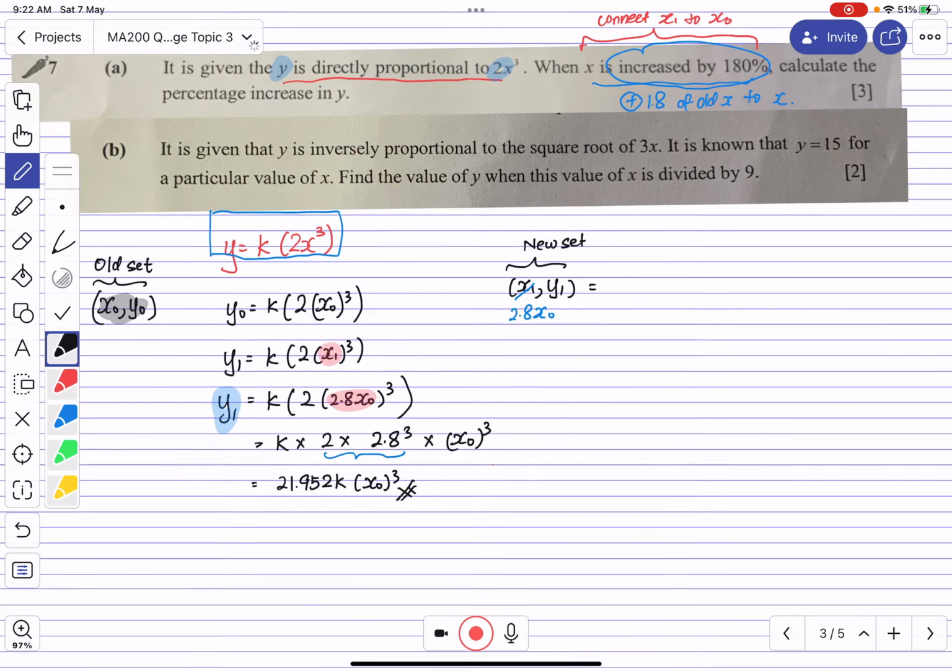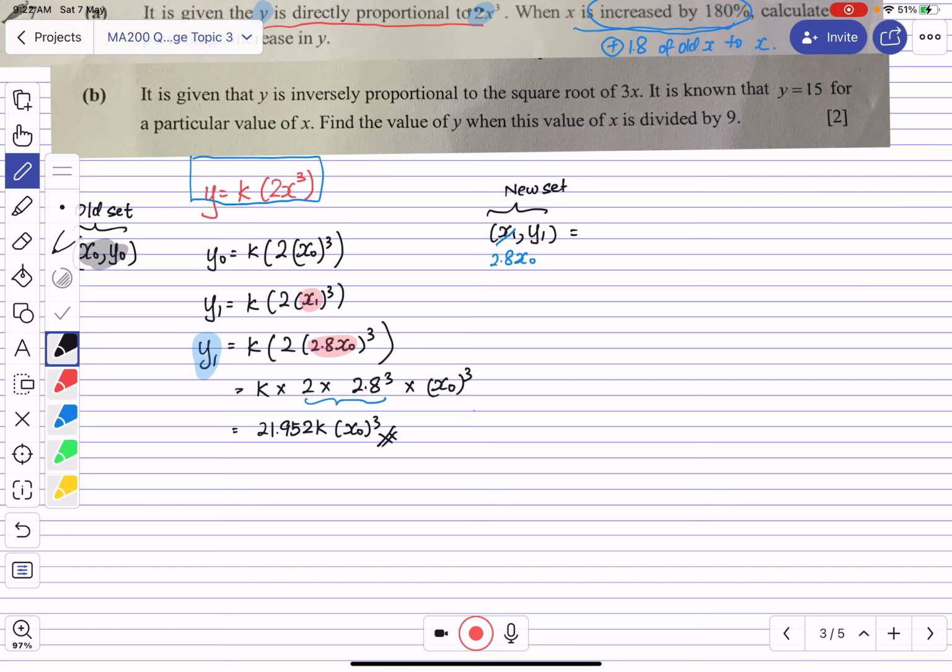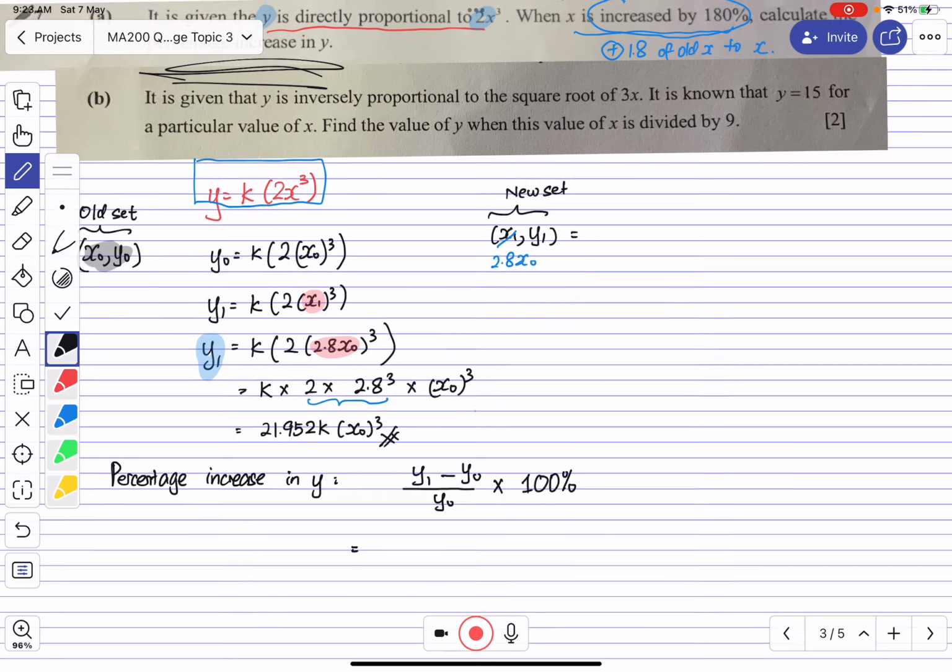Again, I want to calculate the percentage increase in y. Remember that the percentage increase is always to take the new y, which is y1, subtract away the old y, divided by the old y, multiplied by 100%. So this is y1.